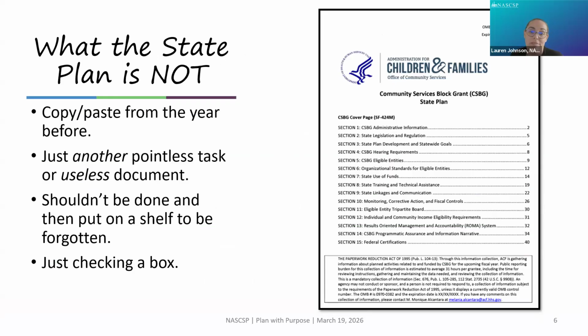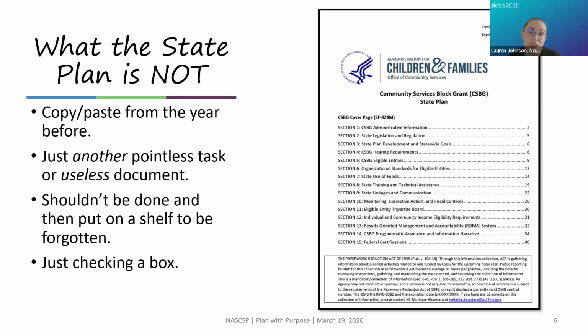You probably won't have many changes in your administrative information, your state legislation or regulations. Hopefully, changes to your eligibility list are also limited. There most likely won't be changes to the income eligibility threshold for services in your state. In some cases, copy paste does make sense. But for the most part, copy and paste shouldn't be your first choice when completing your state plan.